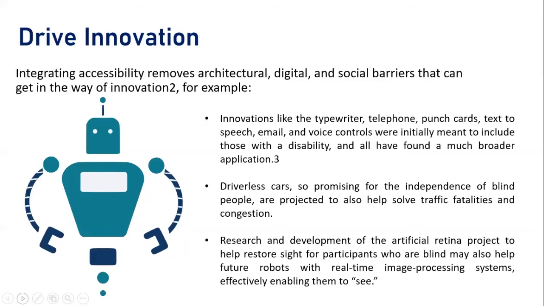Image processing is one of those areas that could essentially help with understanding what is in front of the individual and being able to identify it. So these are the types of innovation that we're looking at that could potentially improve the quality of life, not just for persons with disabilities, but people in general.